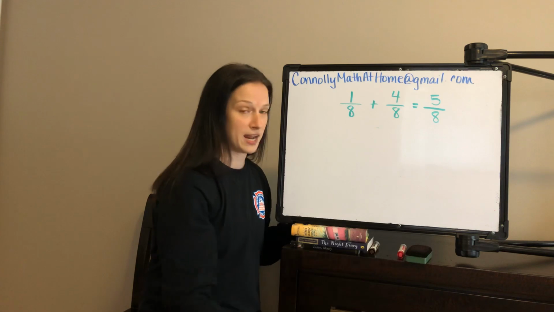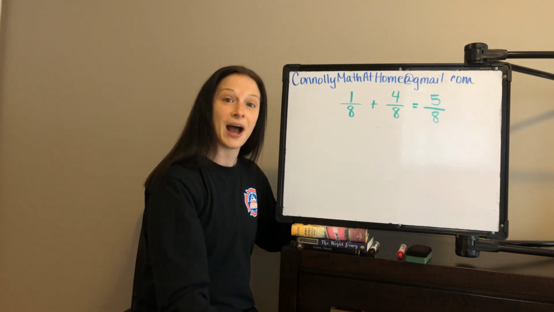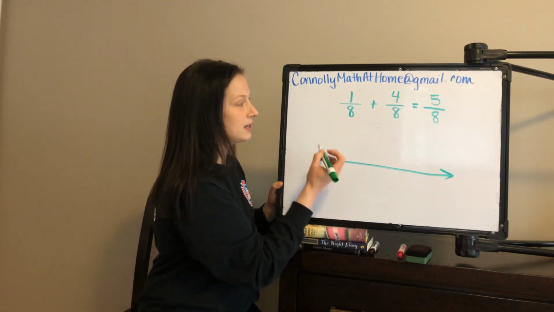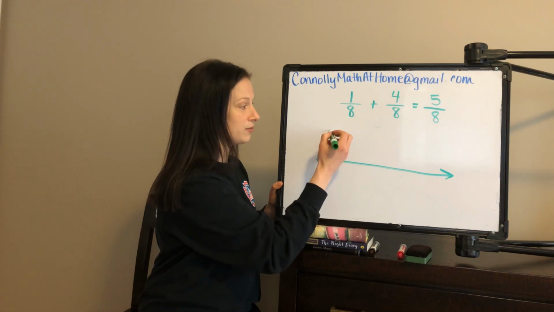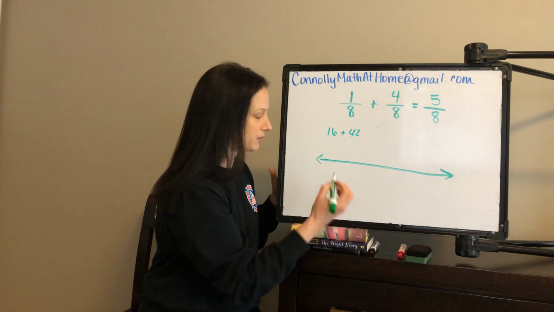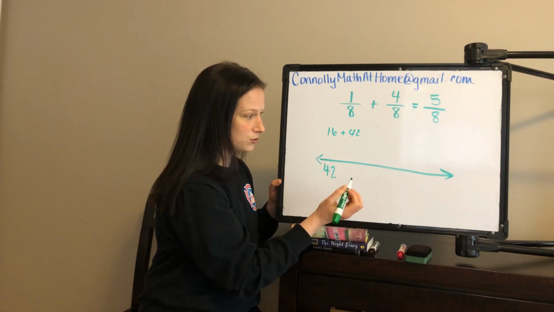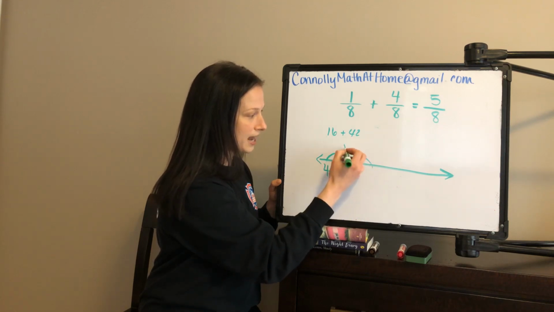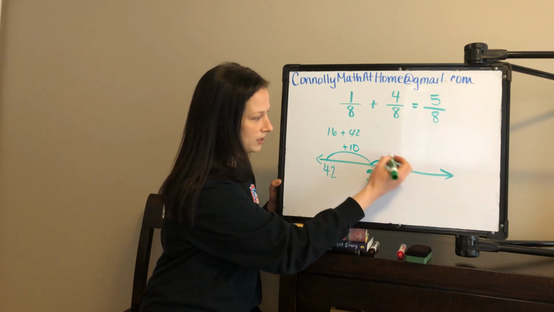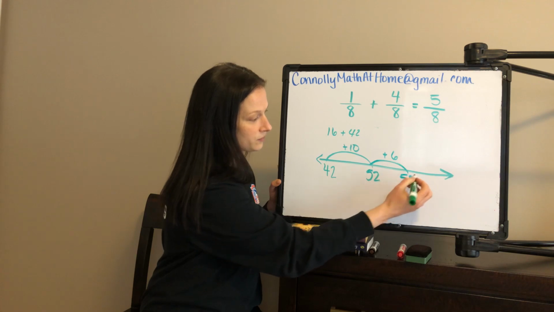And the last way that we can think about adding these fractions is by using our number lines. So if you were adding whole numbers, which I'm going to do here real quick, like 16 plus 42, you would take the larger addend, most likely, so you do less work, and you could add in parts. We could add 10 first, and then we could add 6 and get 58.